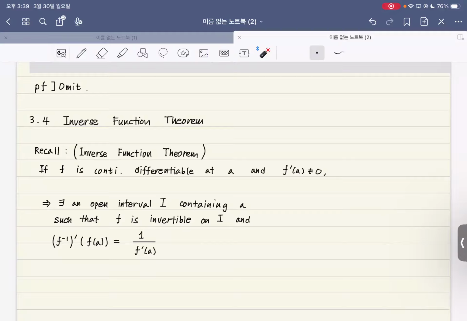That means your function must be one-to-one on this interval. Therefore, you must be able to find an open interval I containing this point, and f must be invertible on this interval.